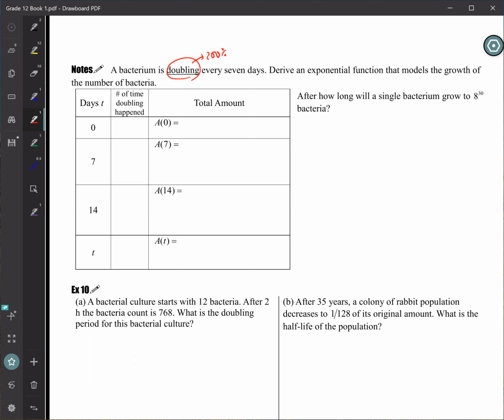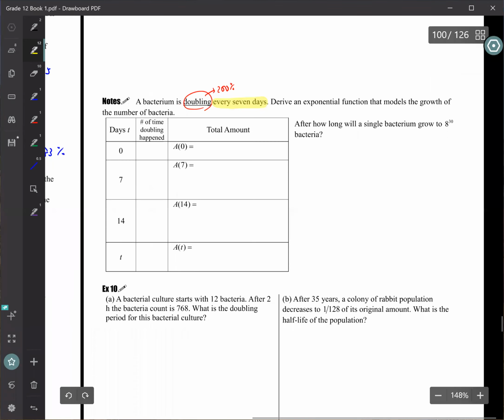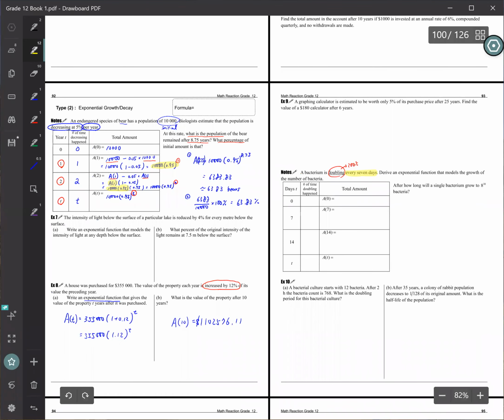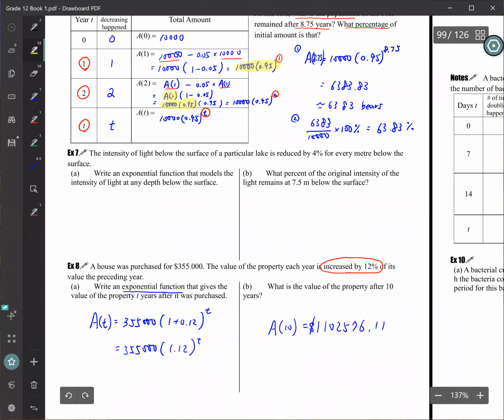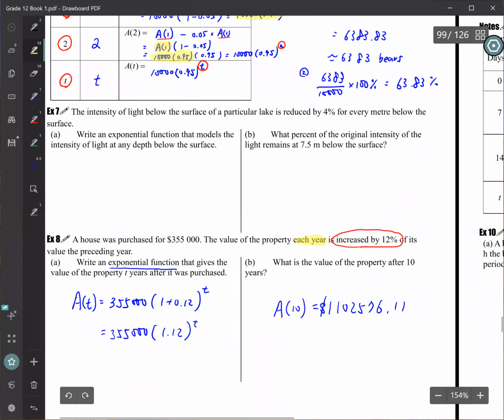Now the new thing is this part. Every 7 days now. So there's a pattern here. What's different from before? We have decreasing per year, so that's once a year. This one is also each year, for the house.